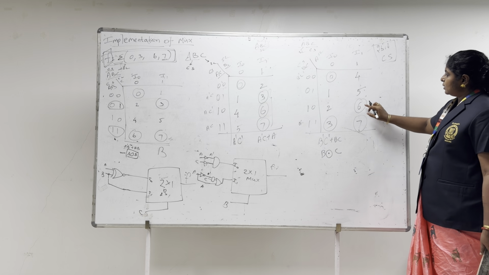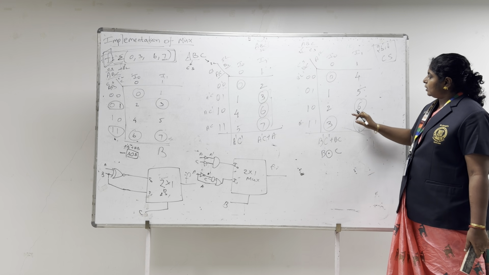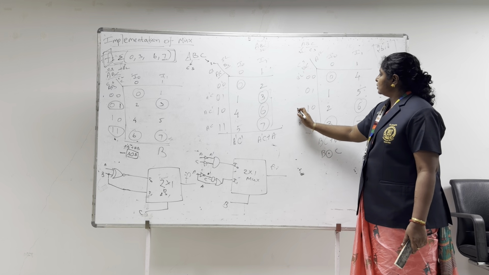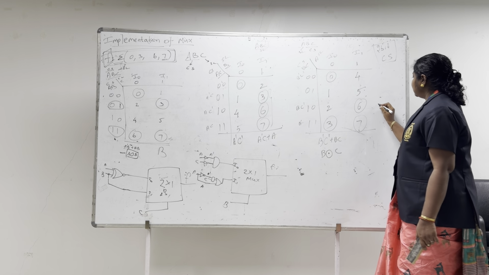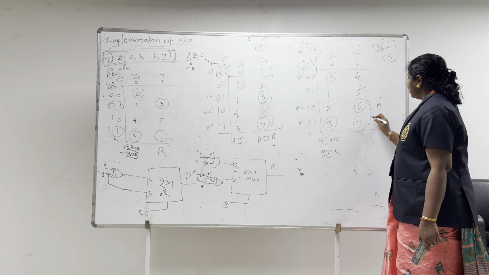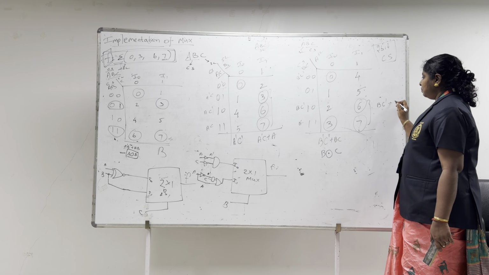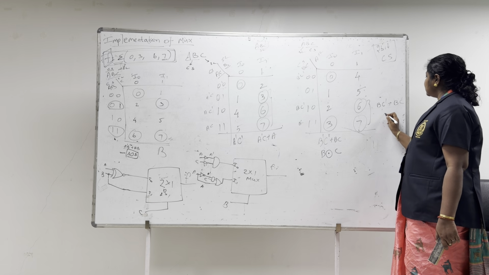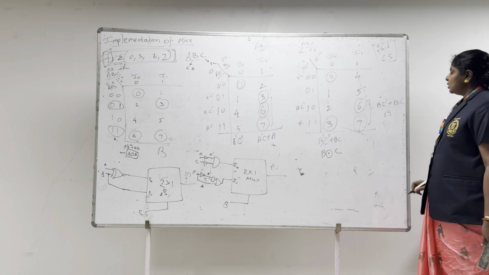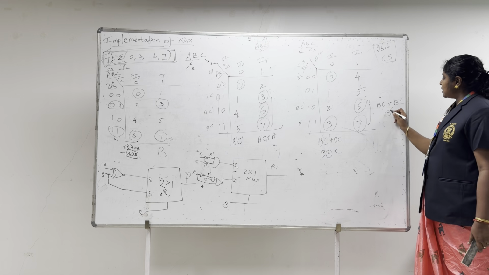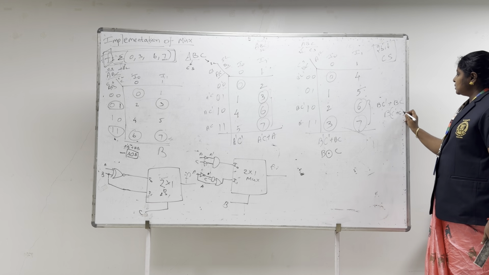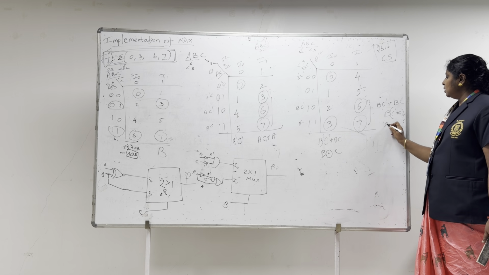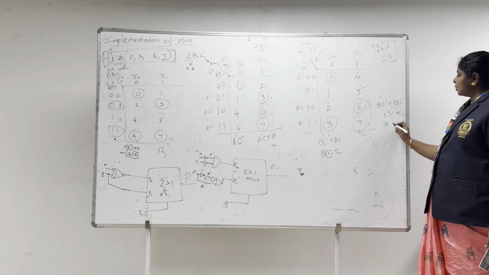And now 6 and 7. This is BC bar, this is BC. For these two, BC bar plus BC. So the common thing is B. Very simple. If you take B common, C bar plus C. What is C bar plus C? C bar plus C is equal to 1 as per the complementary property.